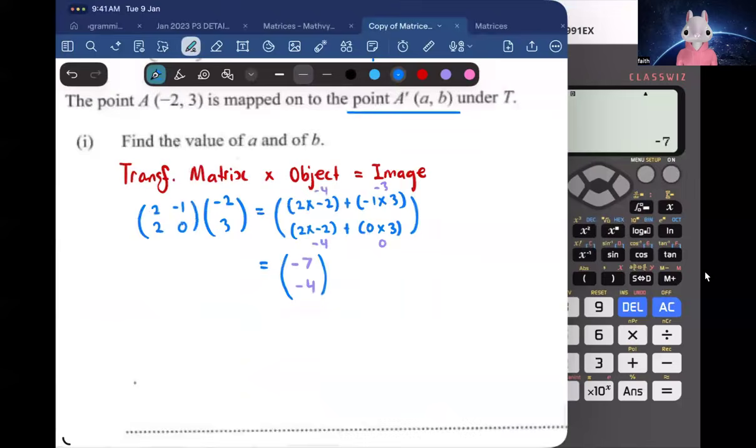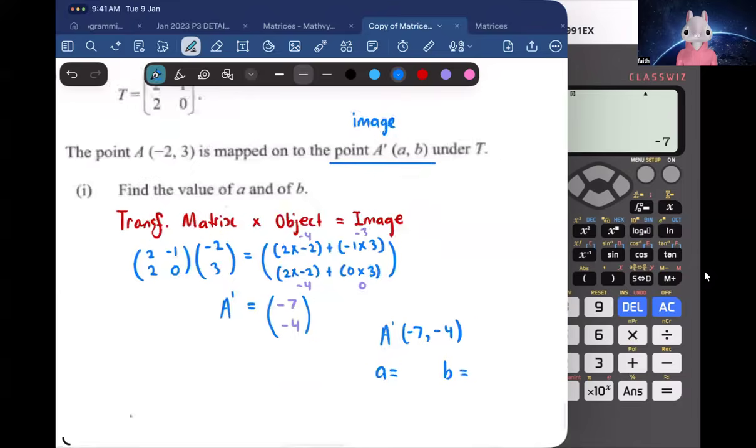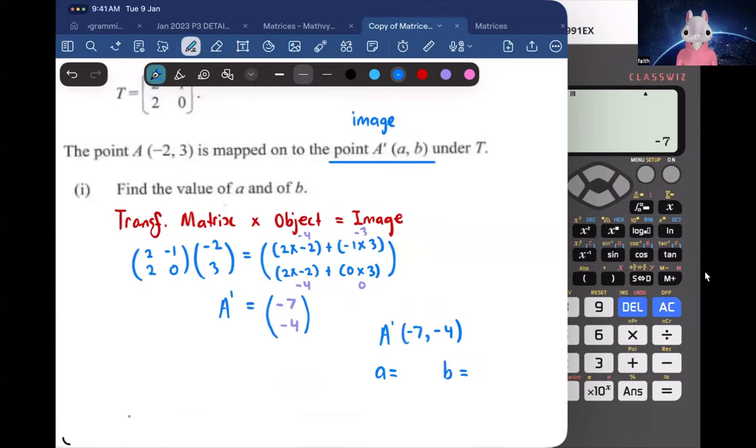So if this is the case, my image A prime is going to be given by (-7, -4). So can you guys tell me what a and b would be equal to? What do you all think a would be equal to?